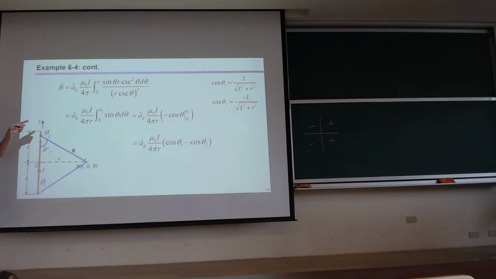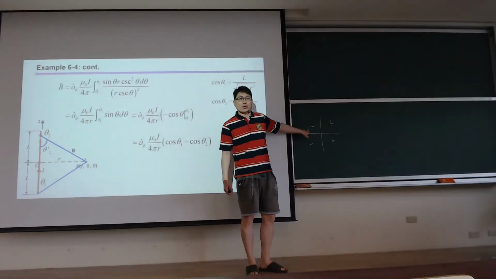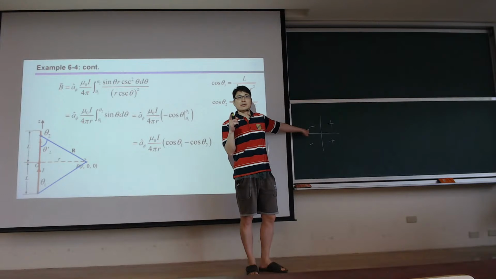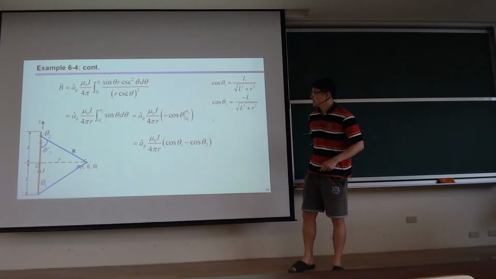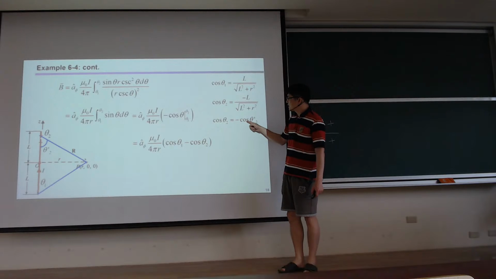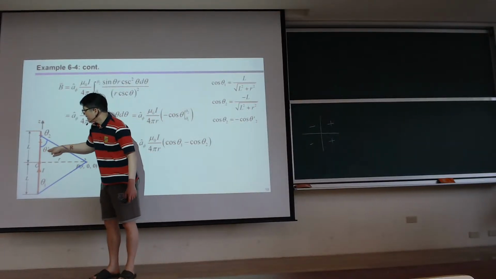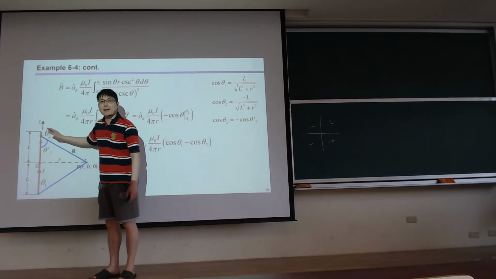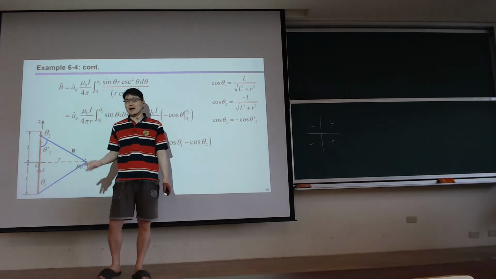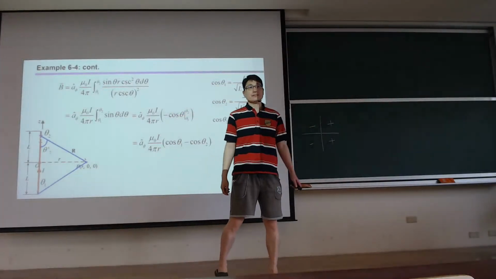Meaning theta 2 is actually pushing into the second quadrant. So if you're in the second quadrant, you have to know cosine must be negative, right? So you have a negative value. Well, another way to think about it is cosine theta 2 is negative cosine theta 2 prime, right? This theta 2 prime is positive, but because they are supplementary, they add up to pi. So cosine theta 2 must be a negative value.